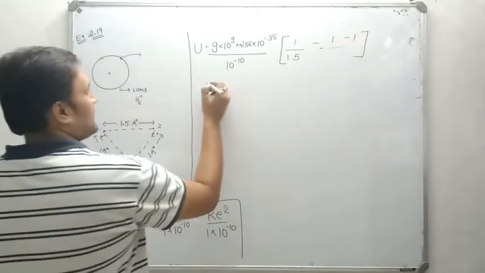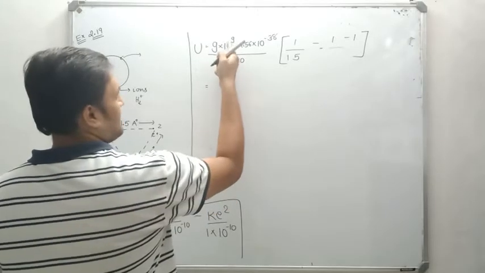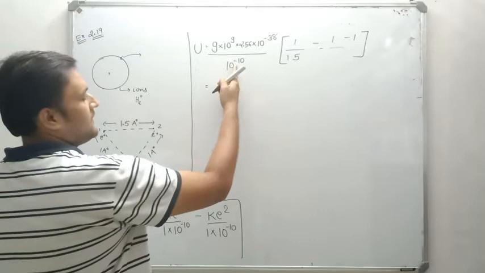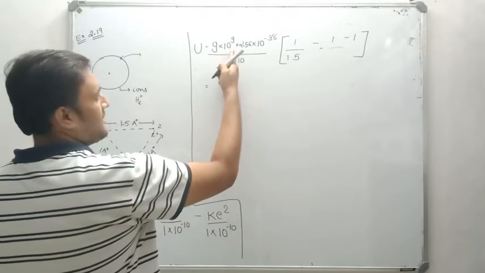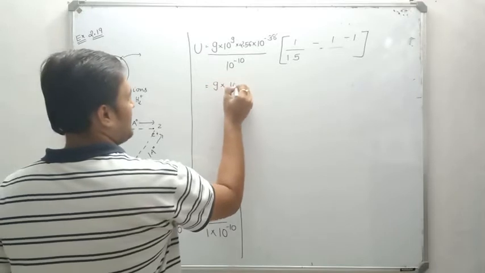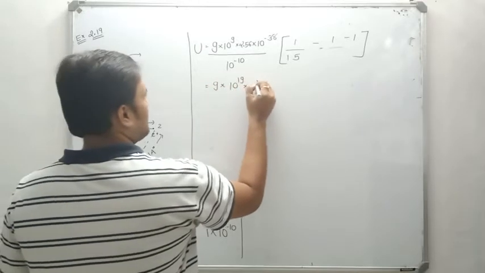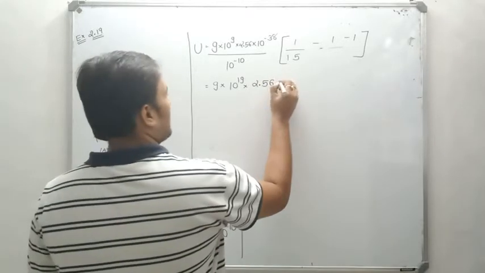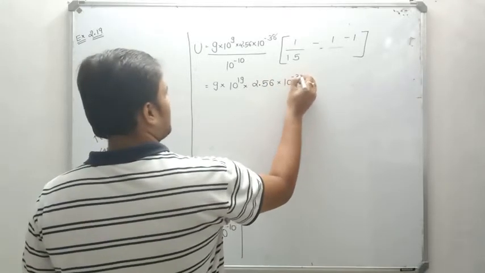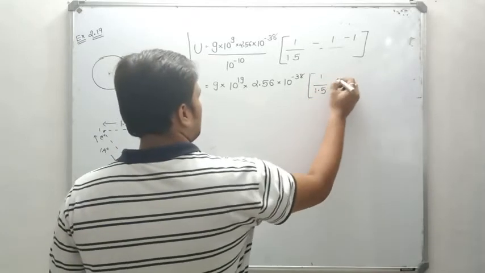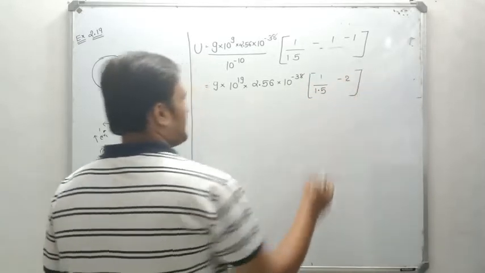So 10 raised to minus 10 goes to the numerator with a plus sign, so 9 into 10 raised to 9 into 2.56 into 10 raised to minus 38, times 1 upon 1.5 minus 1.